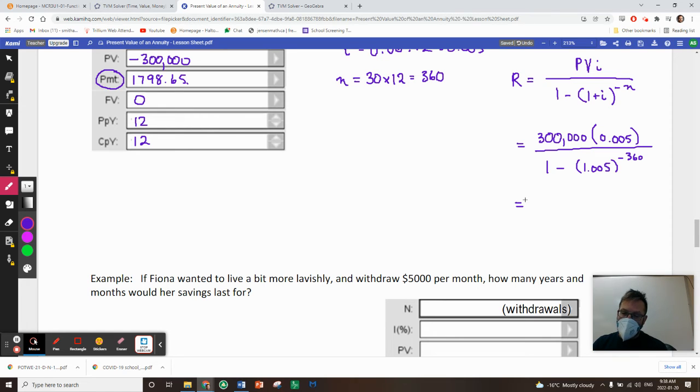If you're going to do the top and the bottom separately, keep all the accuracy just in case. The top, not necessary. It's just exactly 1,500. The bottom, 1 minus 1.005 to the power negative 360 is 0.833958072. And if I do that division, I should get the same answer. 1798.65. Of course I got the same answer.